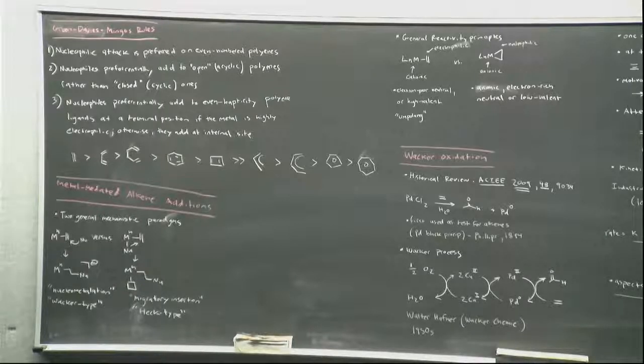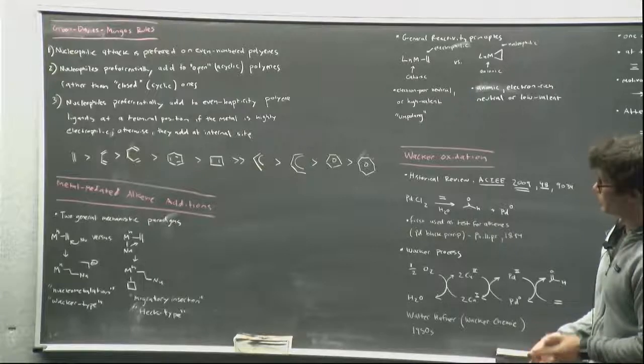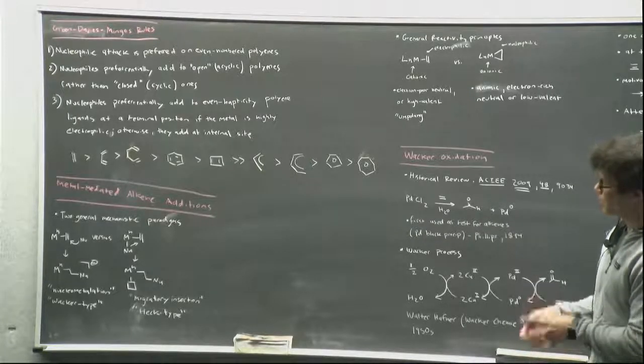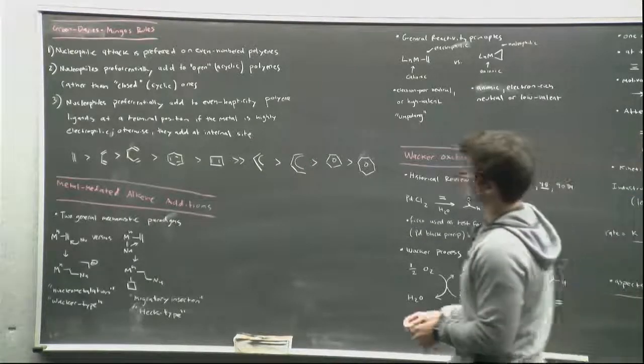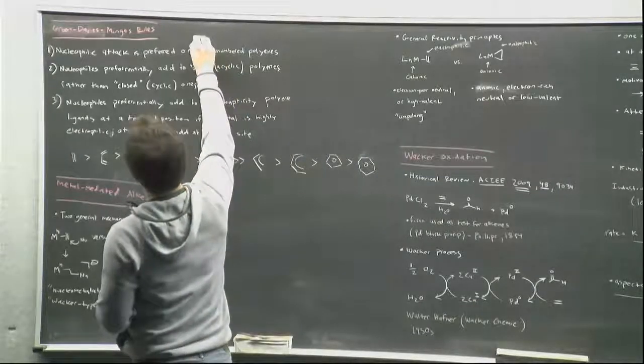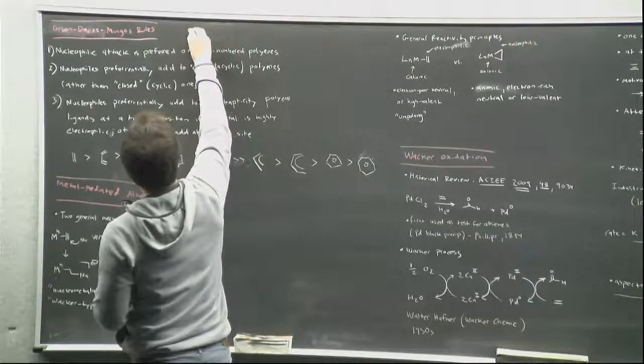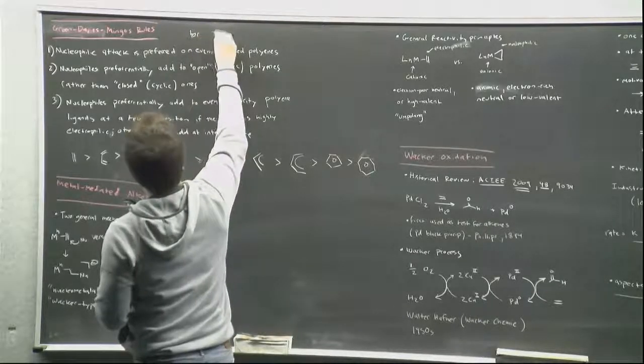So to get started, I'll begin by introducing a set of rules to guide one's thinking about nucleophilic addition to unsaturated carbogenic groups bound to metals. And these are called Green, Davies, Mingos' rules. There's one familiar name there, that of Malcolm Green.